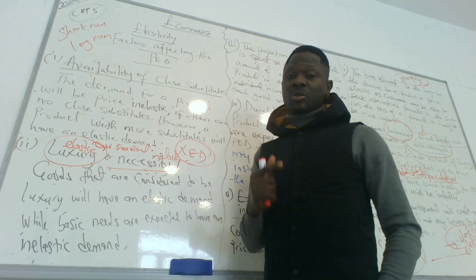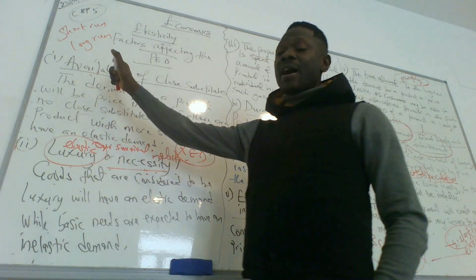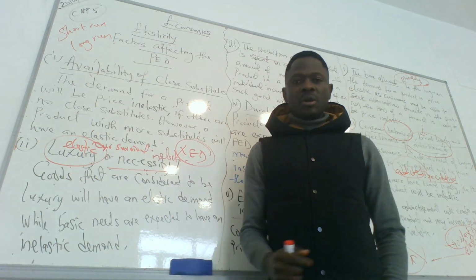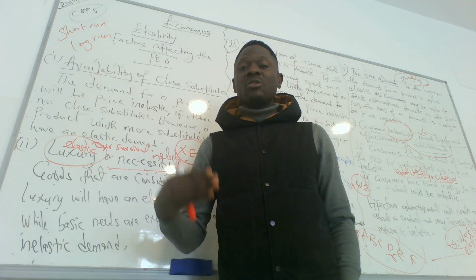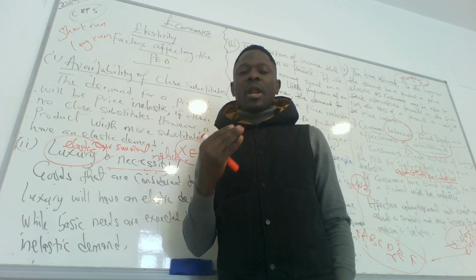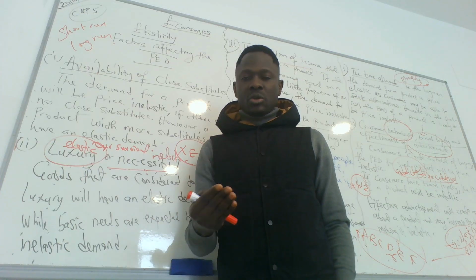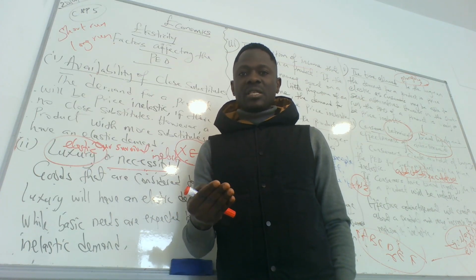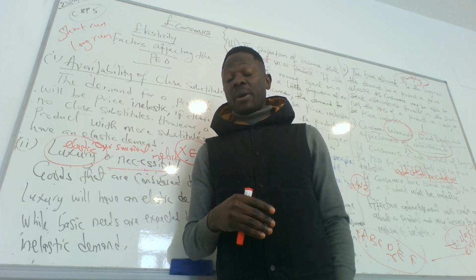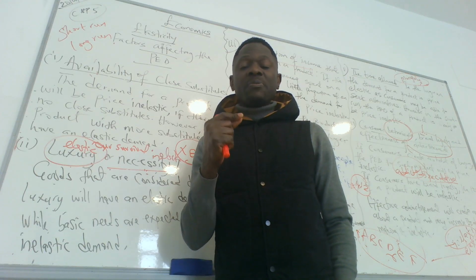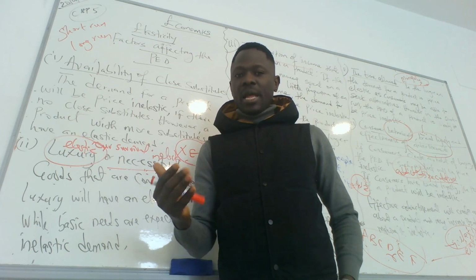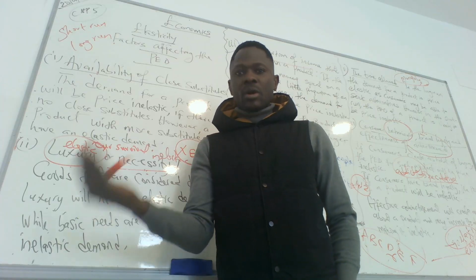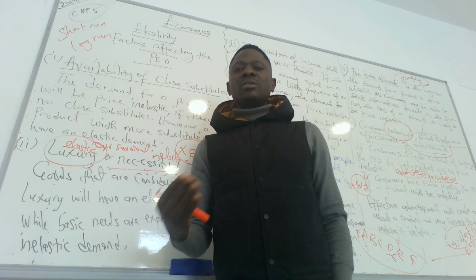So what are those factors? We're going to start with the first one, which is availability of substitutes. We already know what substitutes are. Substitutes are goods that we can use in place of another. So what will happen to a substitute good if the price increases or reduces? That is what we want to talk about here. An increase in the price of a product that has substitutes, like Coca-Cola and Pepsi, which have substitutes.